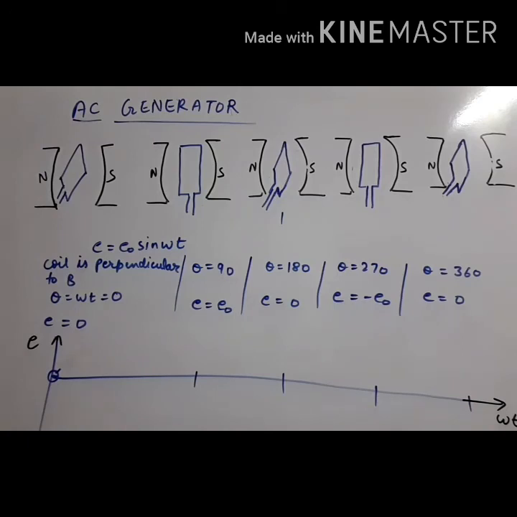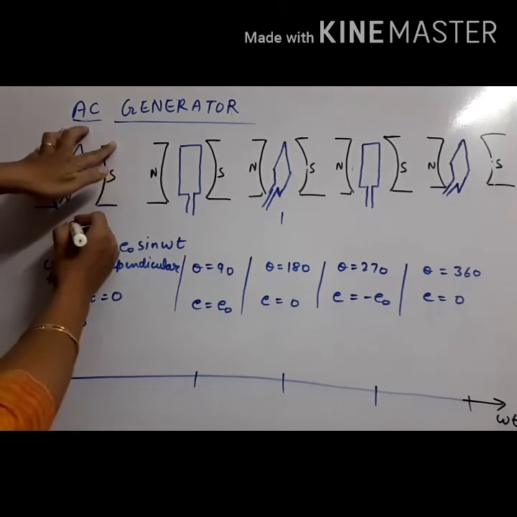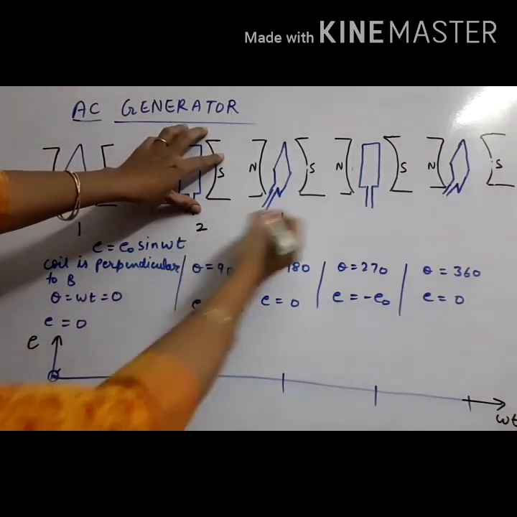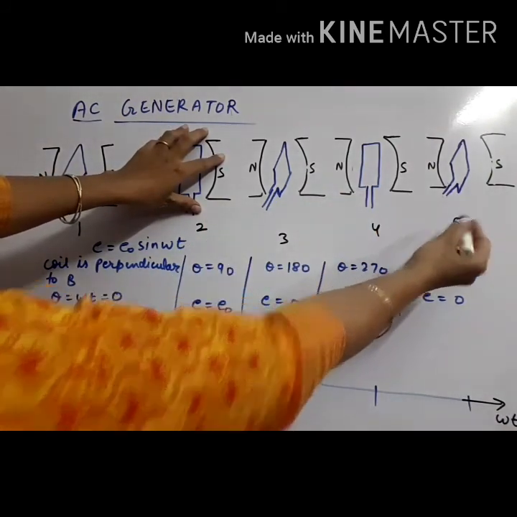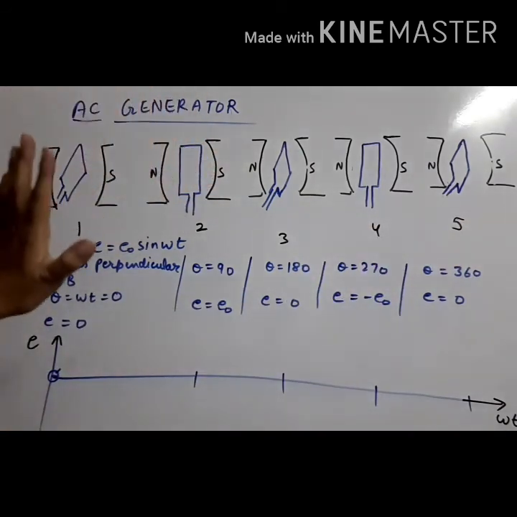Let us understand the graphs with the help of these diagrams. Here we have drawn five orientations of the coil. This is the first orientation, this is the second, this one is third, this one is fourth, and this one is the fifth orientation. Now just understand how the coil is kept.